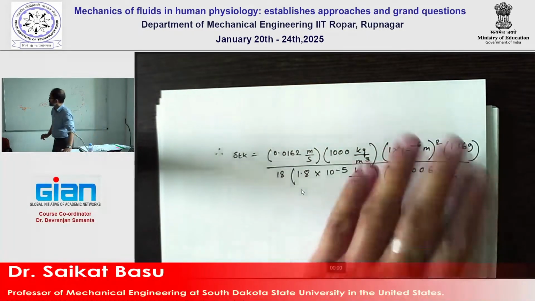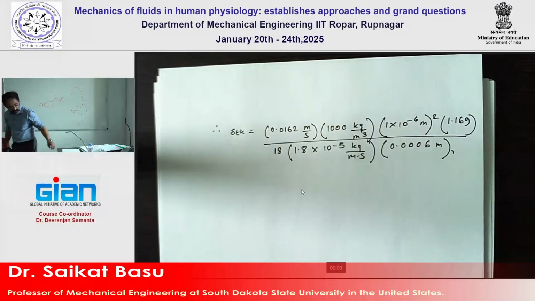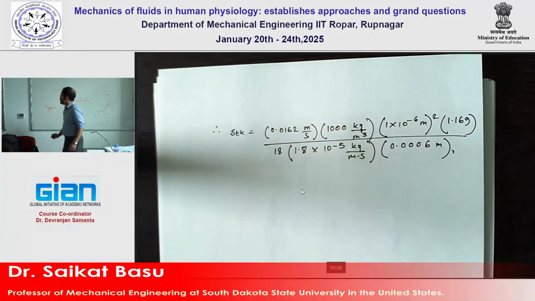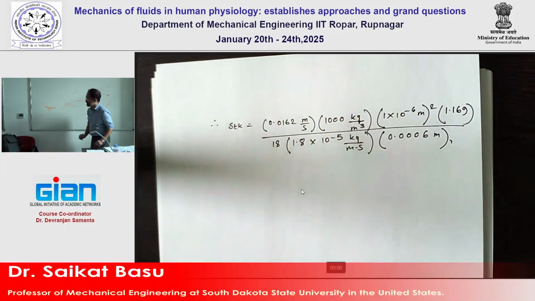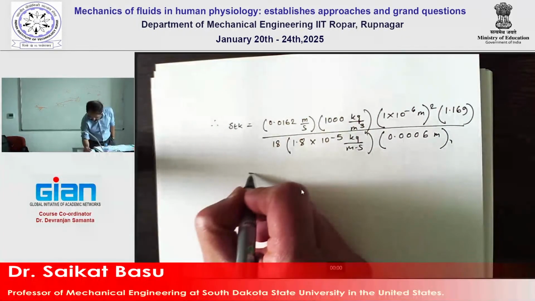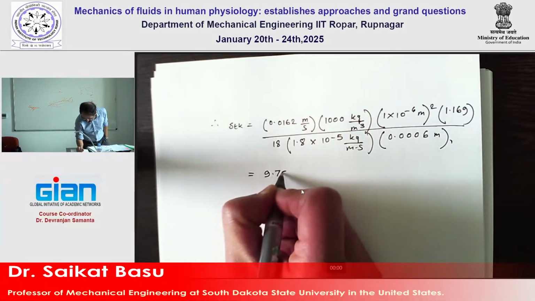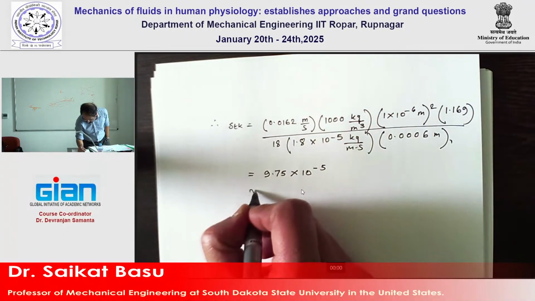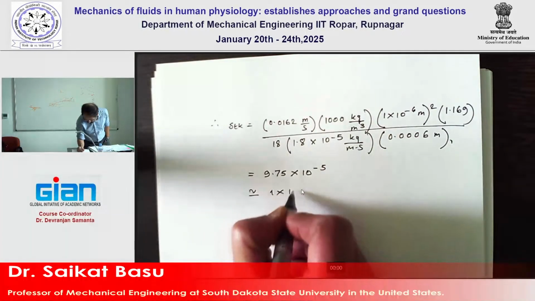The rest of the terms are all the same as before. The only term that changed was this one, and it is much smaller than before. So in effect the Stokes number is going to be much smaller than even what we had before. So 9.75 times 10 to the power of minus 5, or of the order of 10 to the power of minus 4.